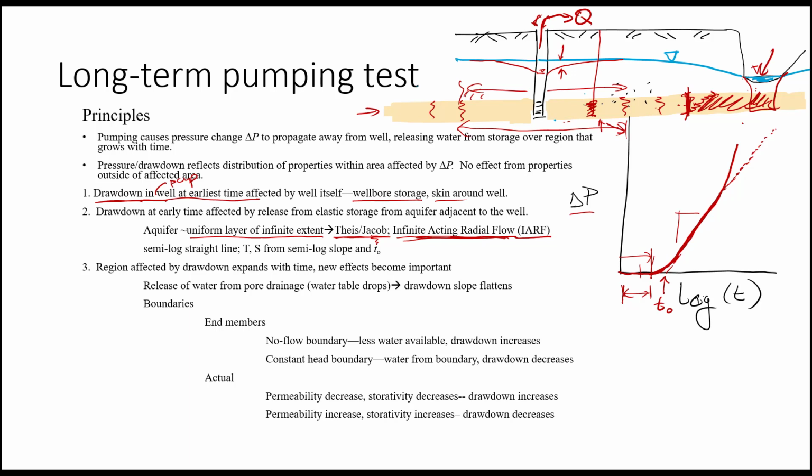In which case, we wouldn't have to have additional drawdown to provide additional release from storage, and so the rate of increase of the drawdown could diminish. So we could have a change in the slope like this. So let's see, this would be a no flow boundary.